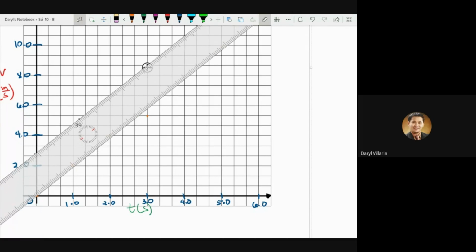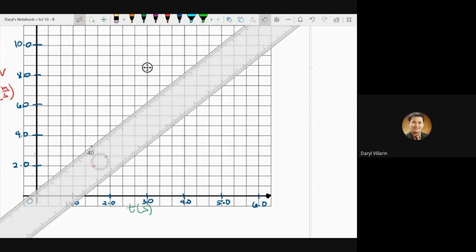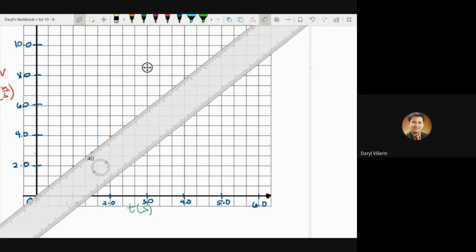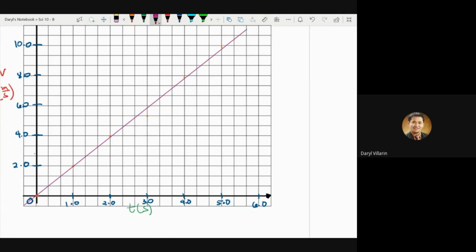So fits means the line that could represent these data points. The best curve that fits all the data points is a line. So I'm gonna draw a straight line. There you go. So this is now the graph that I have. This is just a straight line.